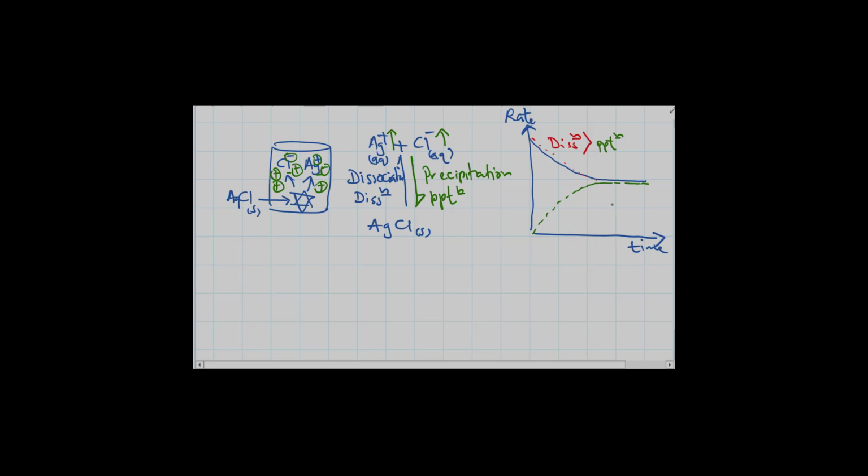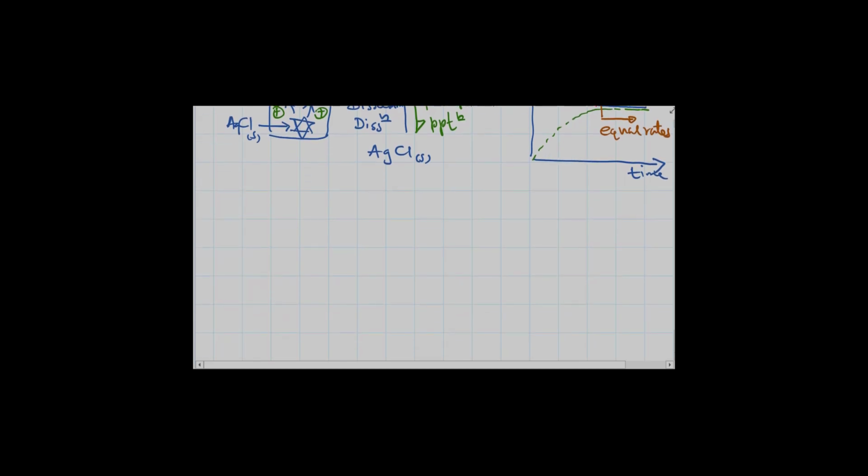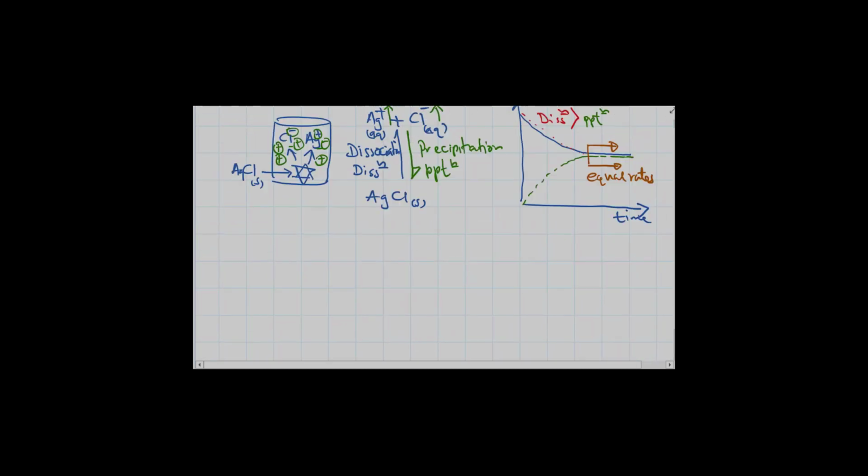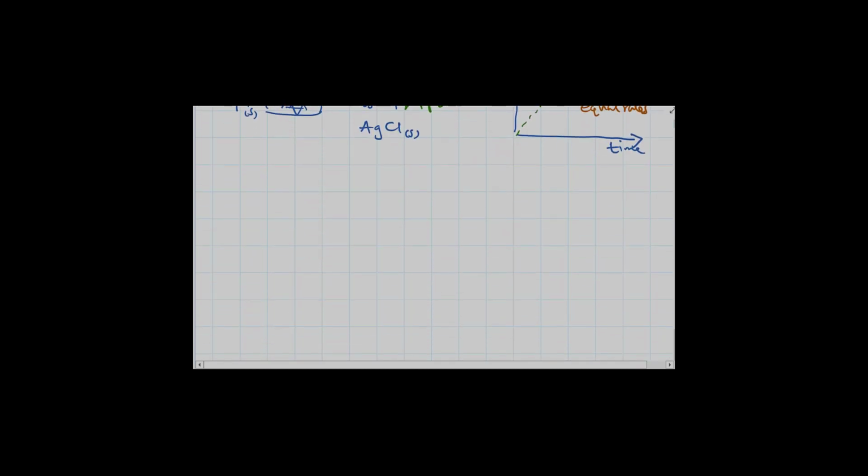It's the reverse of the previous one. Once the two rates are equal, that's when you have the two equal arrows, remember? That's an equilibrium. The two rates have the same value.